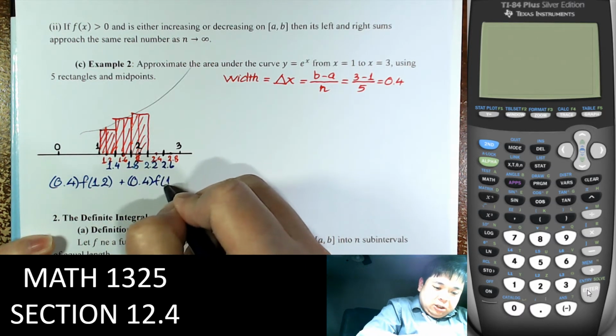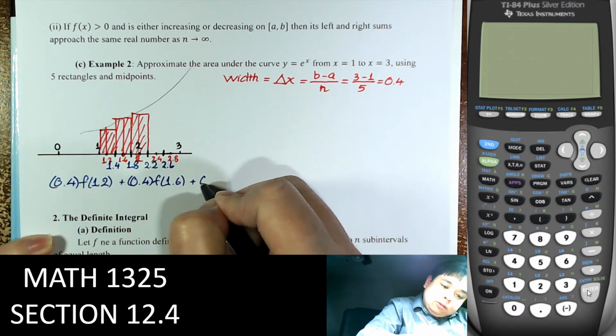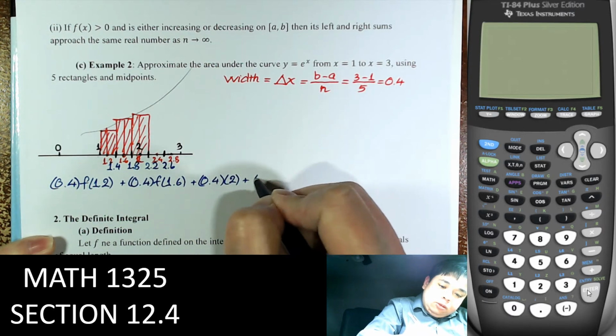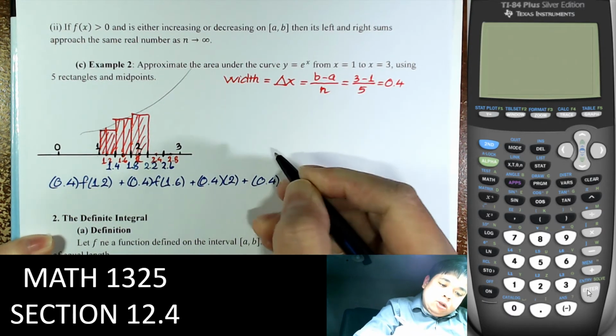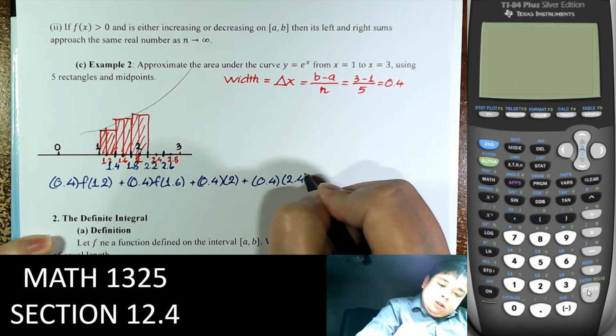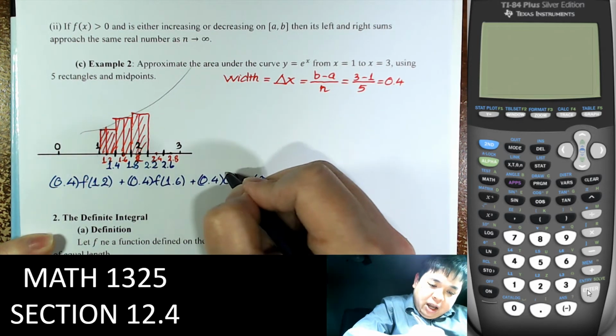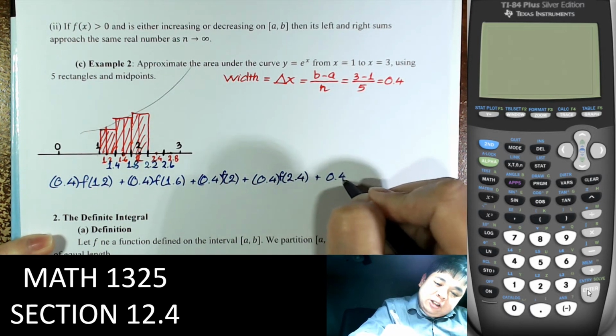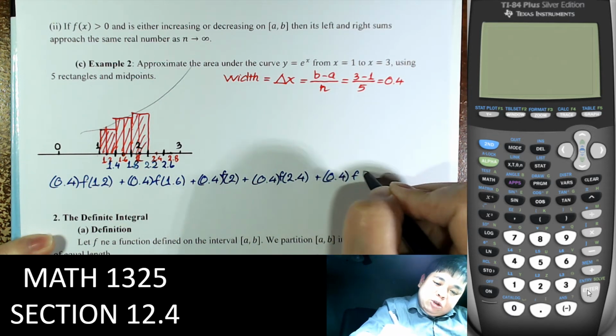Then 1.6, 2, 2.4, I mean f of 2, f of 2.4, and f of 2.8.